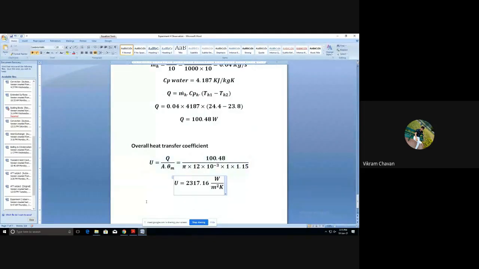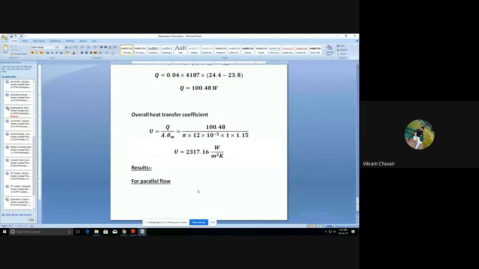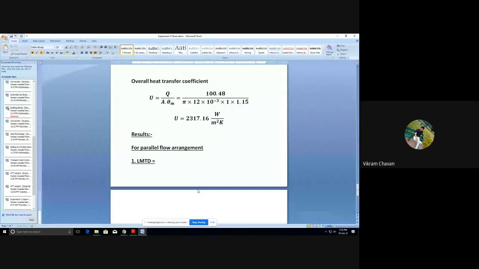The results should be in such a manner that, for the parallel flow arrangement, you give all three values. First, LMTD is equal to, then put that particular value.